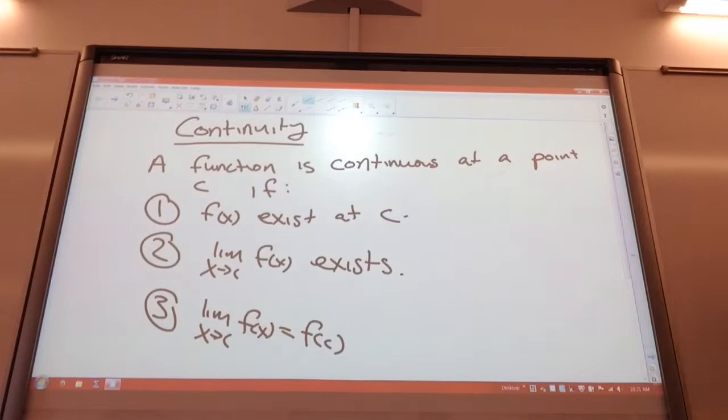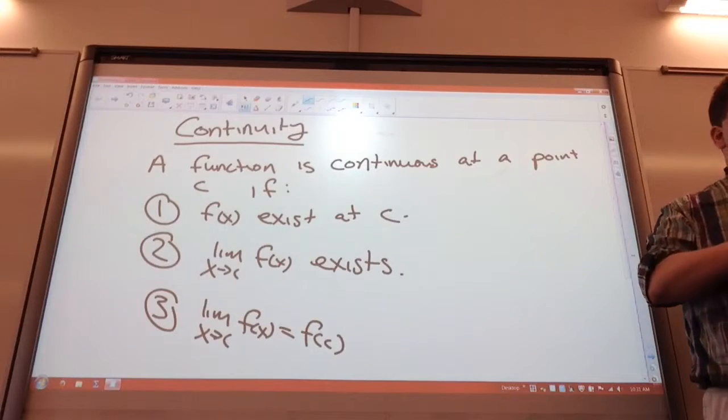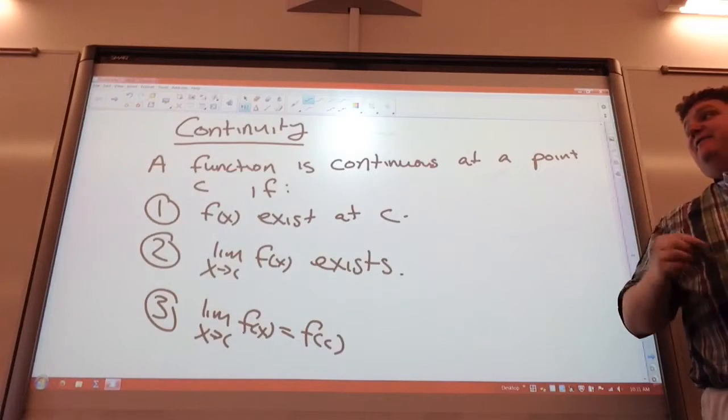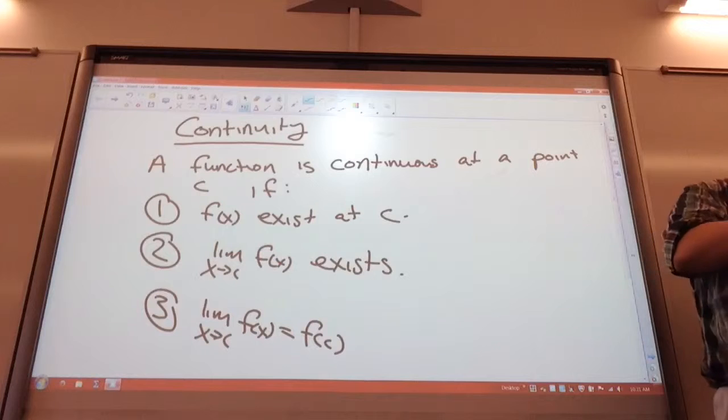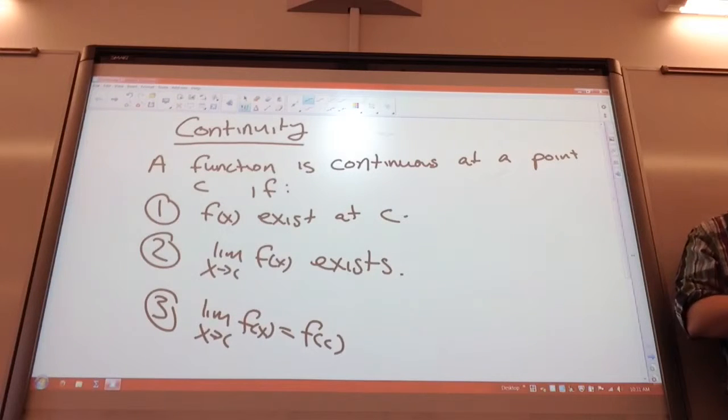With the limit now, we can actually define specifically what it means to be continuous for a function. And so continuity means that a function is continuous at a point c, okay? If, 1, the function exists at c. 2, the limit as x goes to c of the function exists.